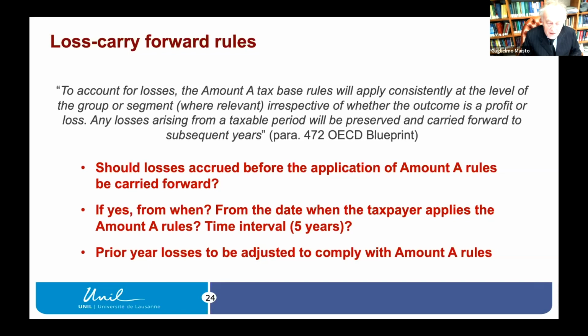I find it to be an issue relating to the balance between the source country and the country of residence, insofar as if we disregard losses of prior years, prior to the mechanism of the AmountA, then we cannot use such losses to reduce the AmountA to be allocated to the source state.